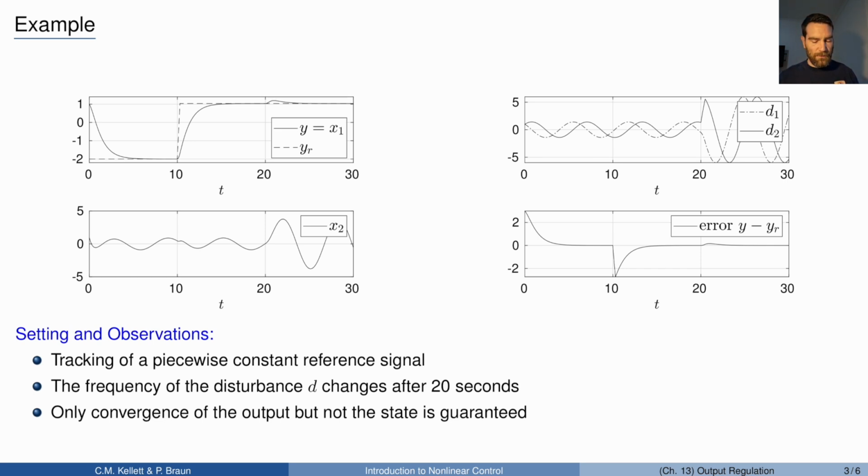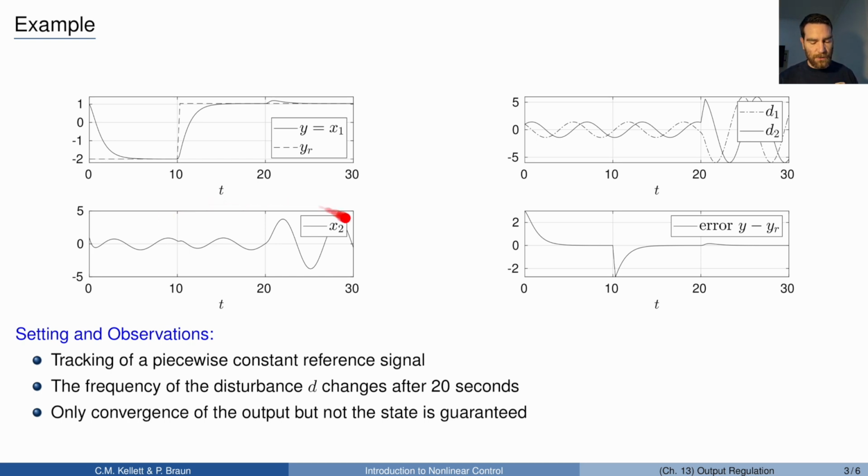And as mentioned before, we want to achieve asymptotic reference tracking. So we see here the convergence of x1, in this case, which is our output y, to the reference signal. And we see this transient performance happening whenever we either change the reference signal or when the disturbance changes. We're only interested in the output.